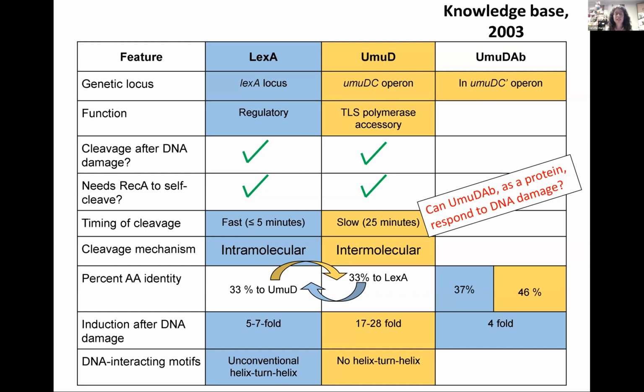So we looked at some of the phenotypes shown in the middle of this table. I'm not going to go through all of them, just kind of looking at the color coding. We went through some of the biochemical properties that UMUD-AB might display before and after DNA damage that might help us understand a function for it in the cell. If it was like LEX-A in regulating, or if it was like UMUD in working with a polymerase, what was it doing?